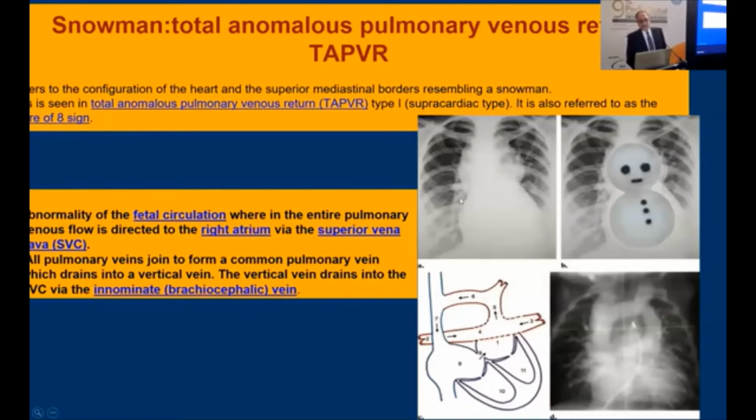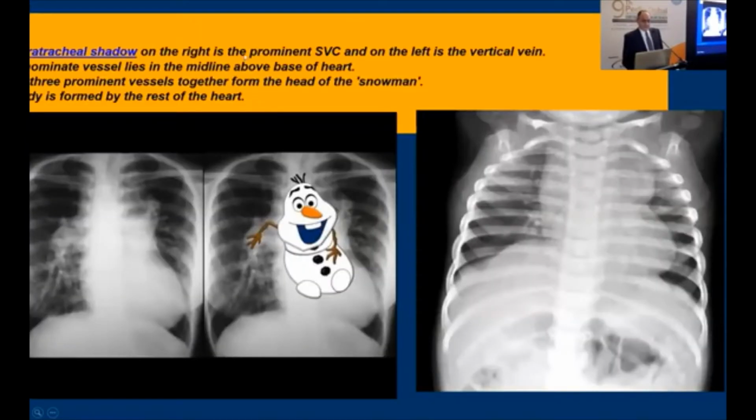The right paratracheal shadow is due to a prominent superior vena cava, and the left is due to the vertical vein, and the rest of the heart gives the body of the snowman, which gives this sign of the snowman, the head and the body.